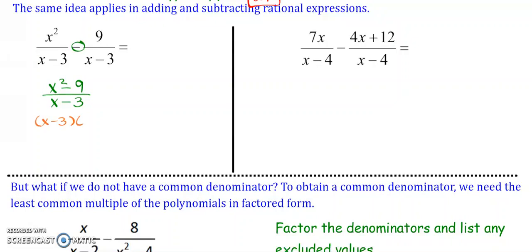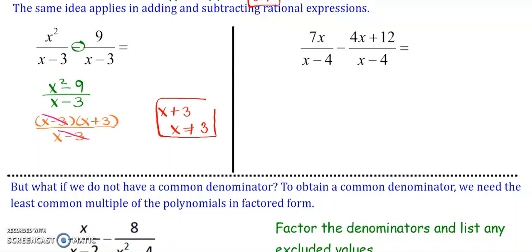All we can factor here is the numerator: x minus 3 and x plus 3 over x minus 3. Now check, is there anything that cancels out? Yes, we can cancel this x minus 3. So we end up with x plus 3, but remember your domain restrictions, x cannot equal 3. Even though we canceled it out, it's still a part of the domain restriction.